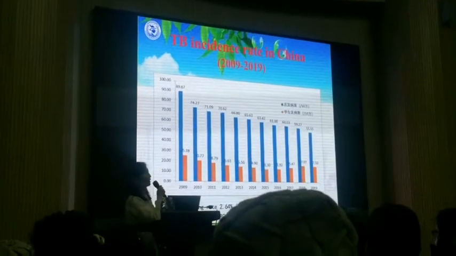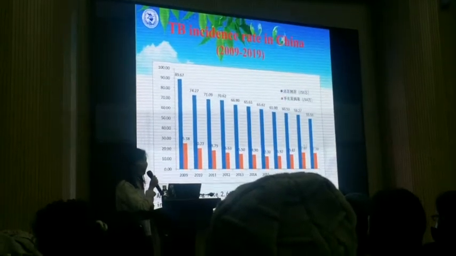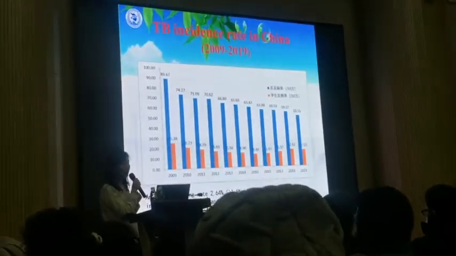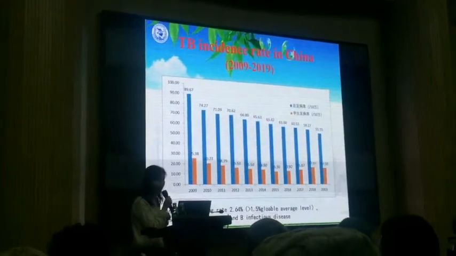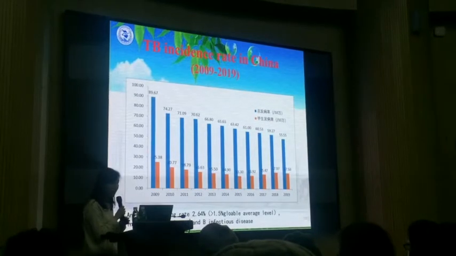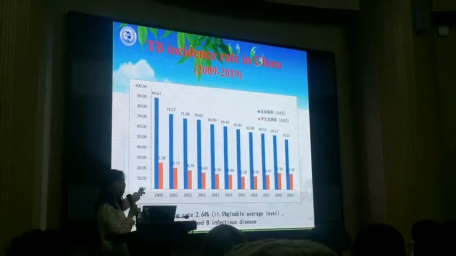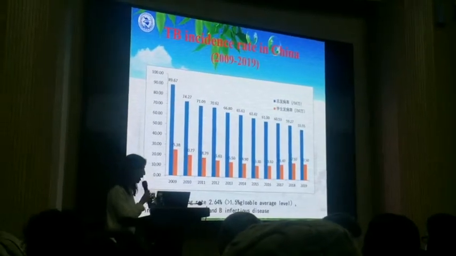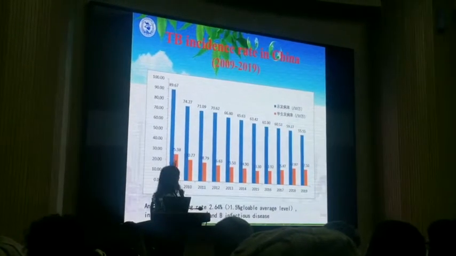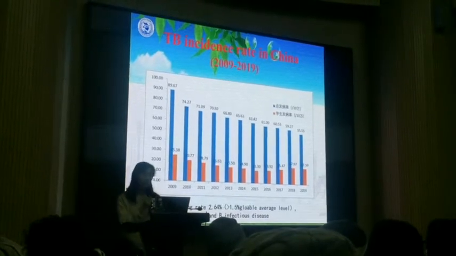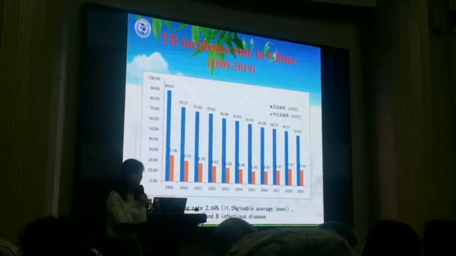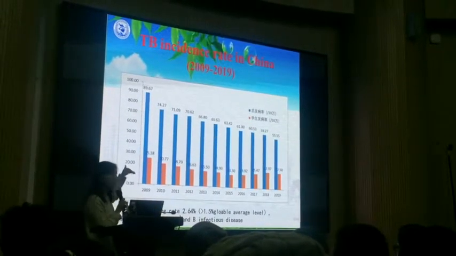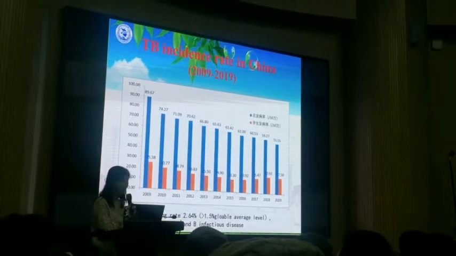And this is the TB incidence rate in China from 2009 to 2019. We can see the blue column represents the incidence rate, and the orange column represents the incidence rate of students. So we can see the incidence rate is decreasing by year.